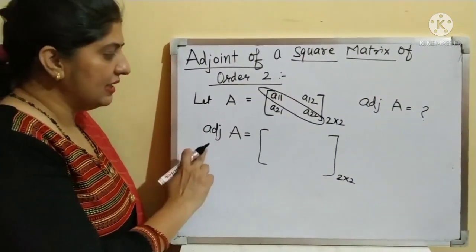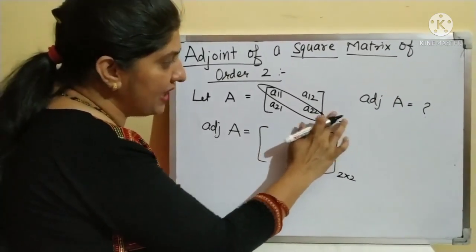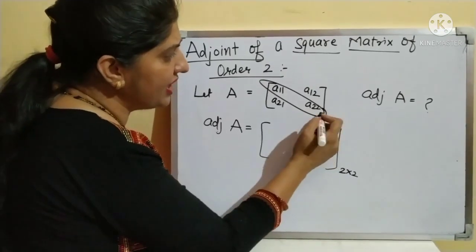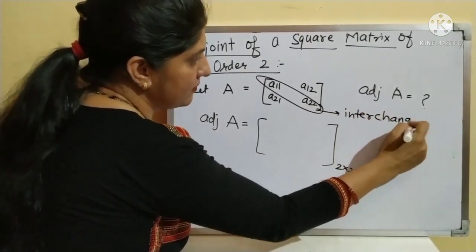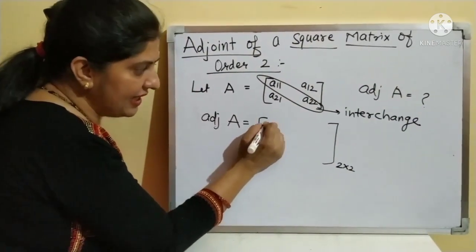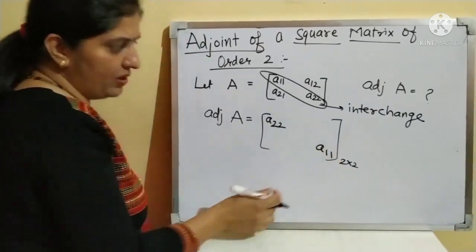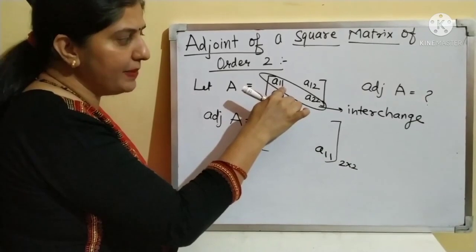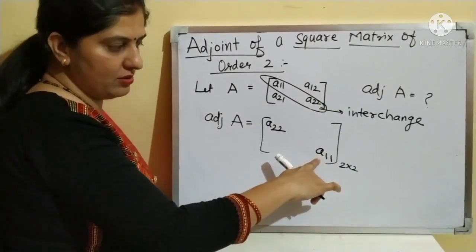For writing the adjoint of a matrix A of order 2 by 2, we just interchange the diagonal elements. When we interchange diagonal elements, we get A22 and A11, which means A11 becomes A22 and A22 becomes A11.